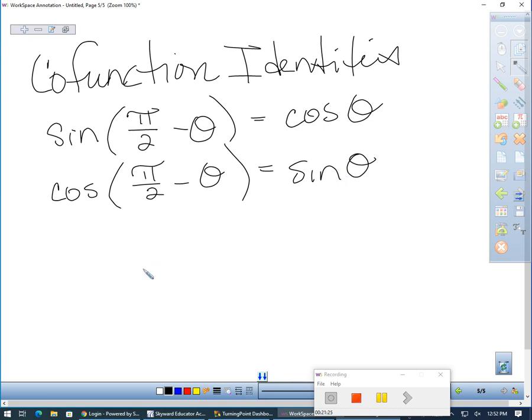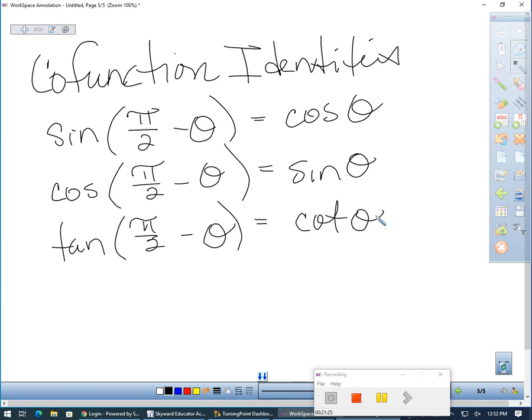If I have the tangent of pi over 2 minus theta, that equals cotangent, absolutely. Which means we can also do it the other way. If I do the cotangent of pi over 2 minus theta, that's going to equal tangent theta.